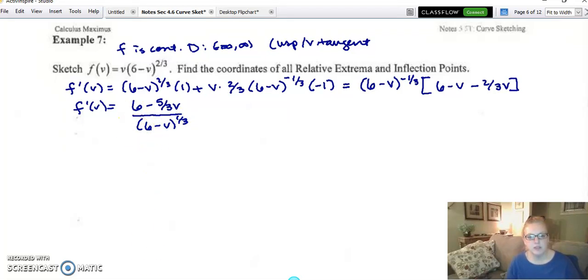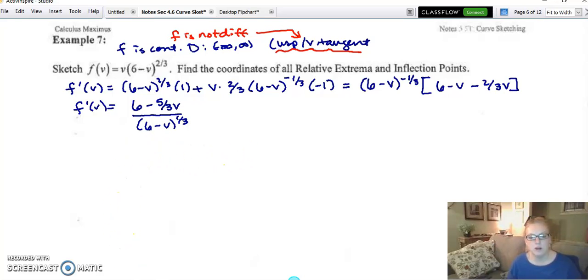Now, the minute I look at that, since I see that my derivative is not defined at 6, we know that f is not differentiable there. And I'm going to come back over here and say, hey, we definitely have a cusp or a vertical tangent on the original one at 6, because it was continuous there, yet it was not differentiable there. So we want to keep that in mind.